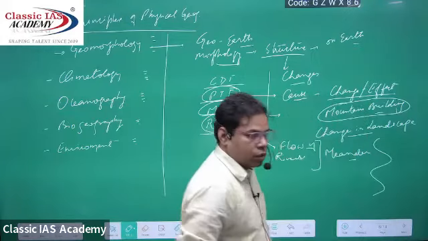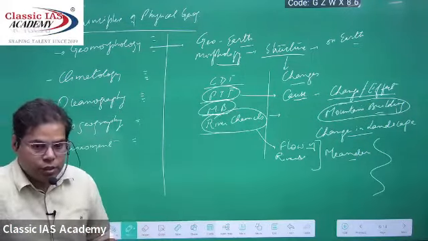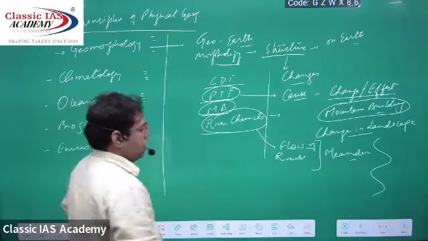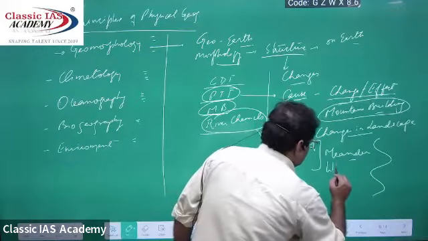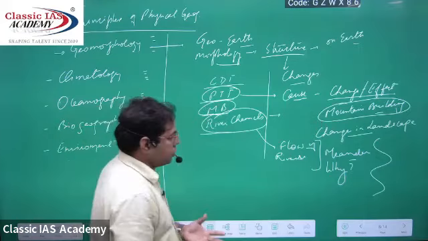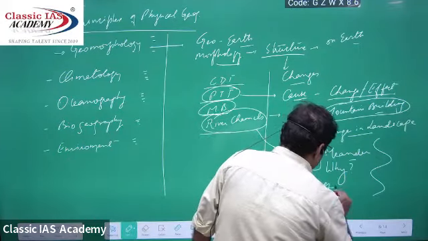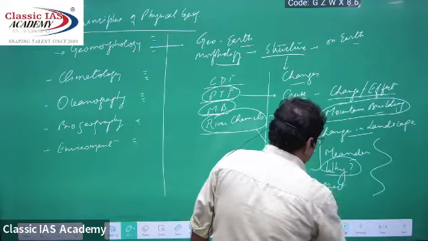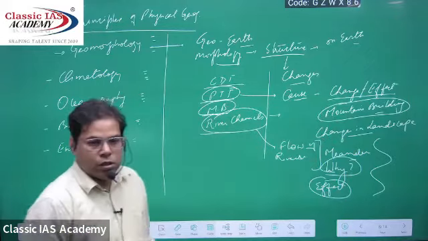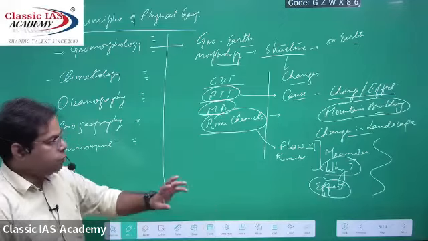Now, in the river channel, we study how a river forms a meander. But again, we are seeing why meander? And what is the significance of this? What is the effect? This is cause, this is effect. So there also we are studying the cause and effect relationship.